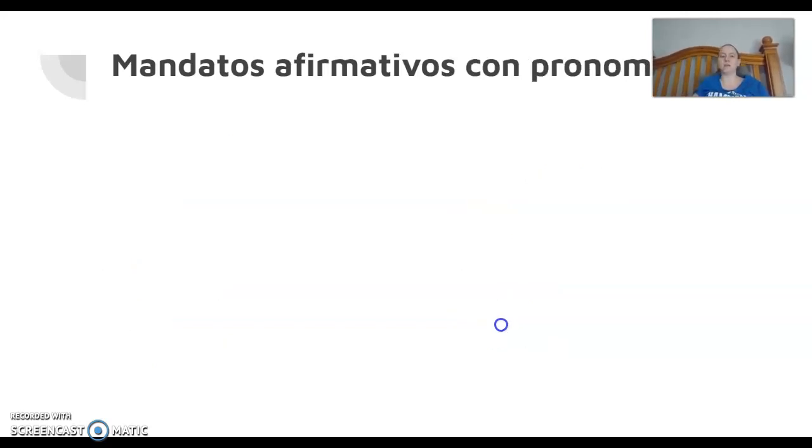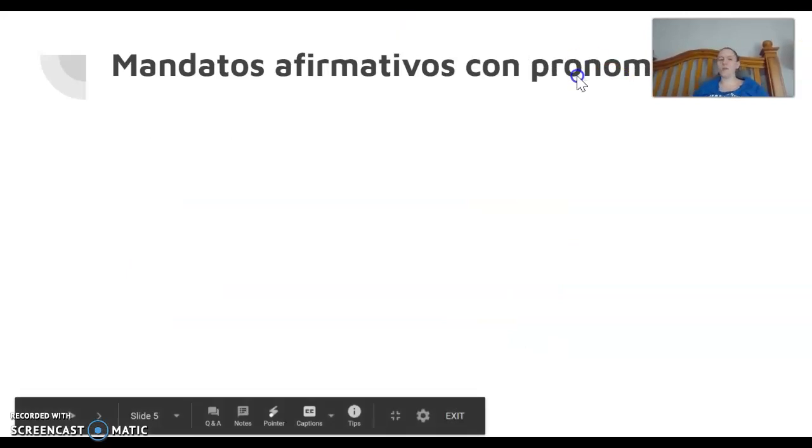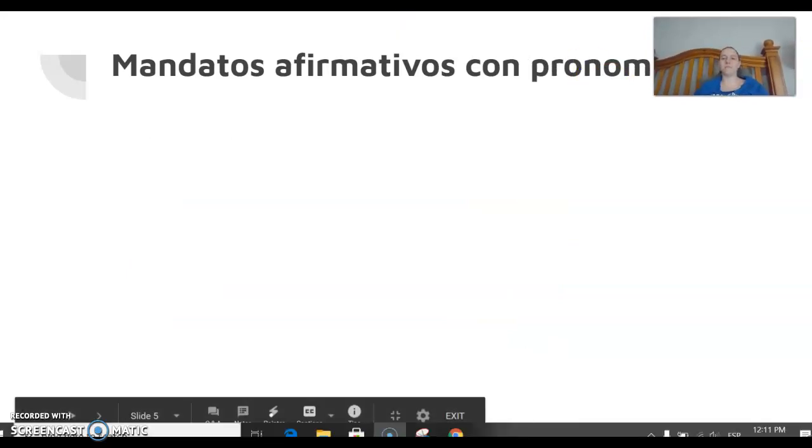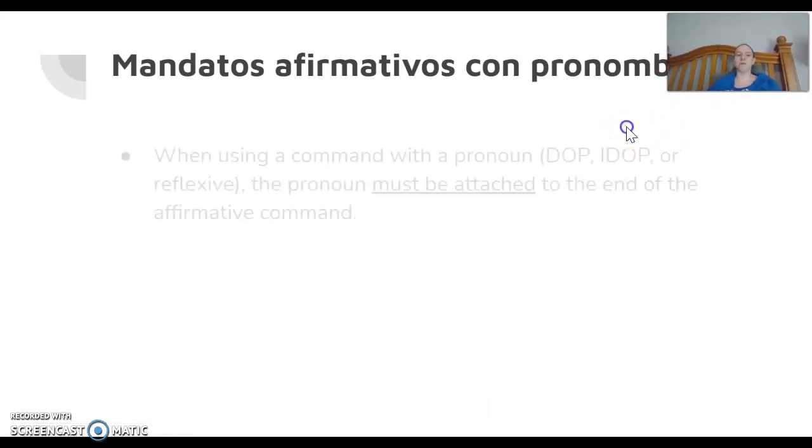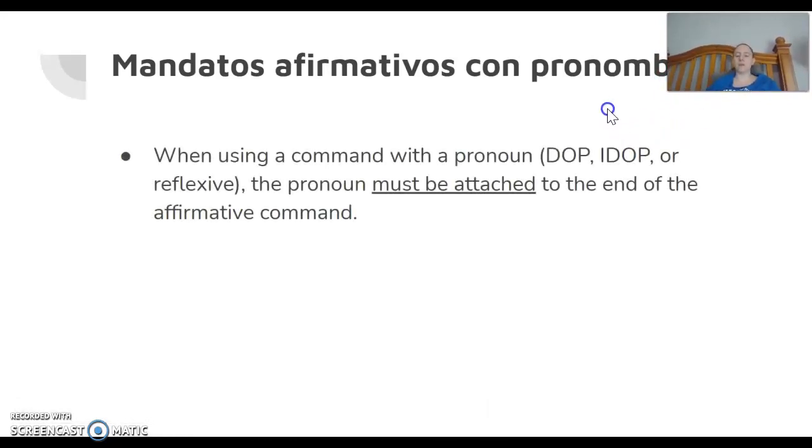Okay, so let's talk about an affirmative command with a pronoun. When you're using a command with a pronoun, whether it's a direct object pronoun, an indirect object pronoun, or a reflexive, the pronoun has to be attached to the end of the affirmative command. So affirmative commands attach pronouns.